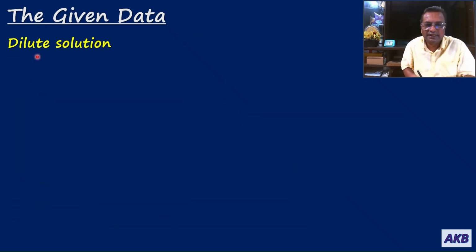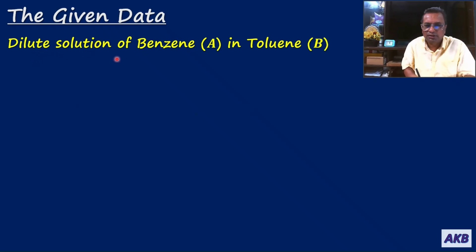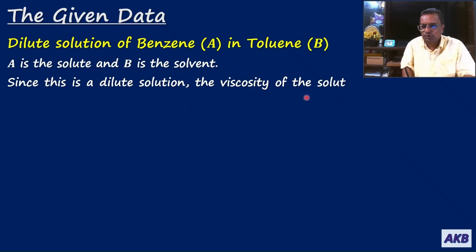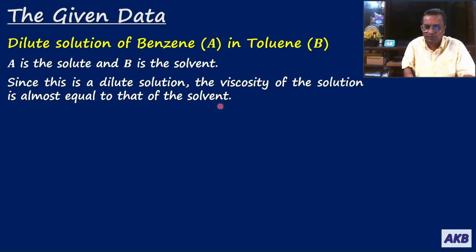Further, it is said that it is a dilute solution of benzene, that is A, in toluene, that is B. So in this case, A is the solute and B is the solvent. Since this is a dilute solution, the viscosity of the solution is almost equal to that of the solvent.